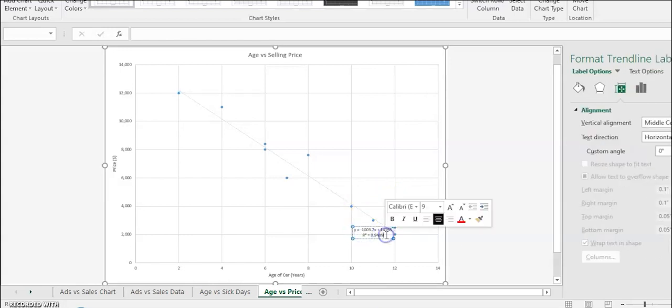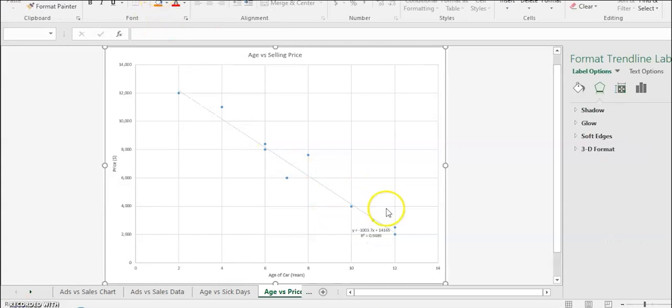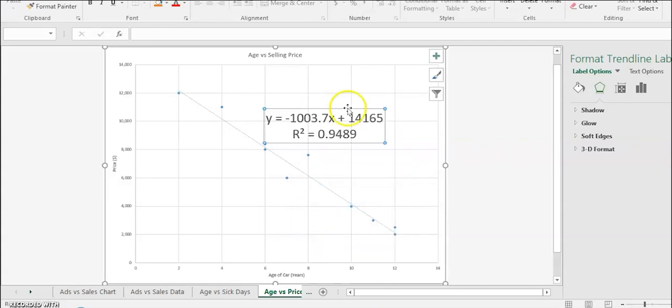I'm going to make this a little bit bigger. There we go. And then I'm going to move this. Now my computer's acting all funny, but there we go. I'm going to move that up here, and there we go. Now it's rounded it to 1 decimal place and no decimal places for the y-intercept.